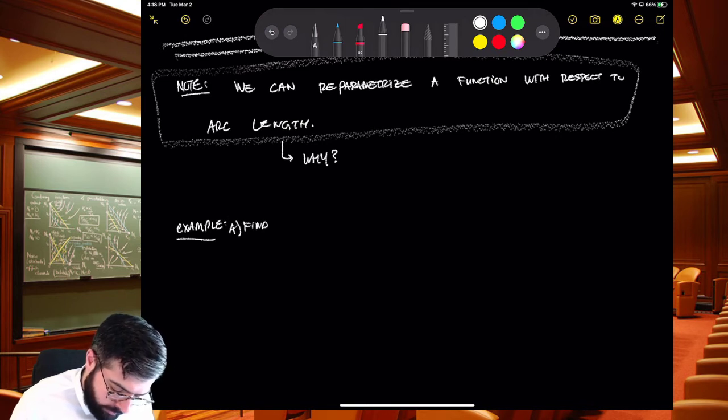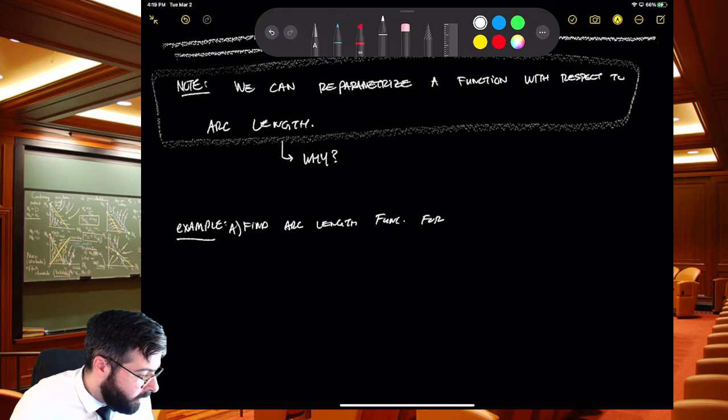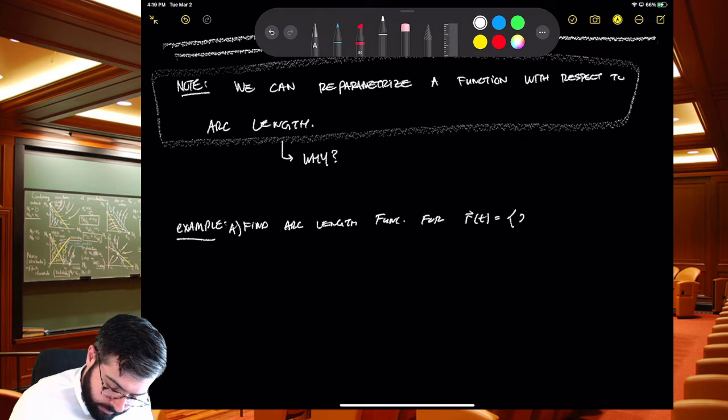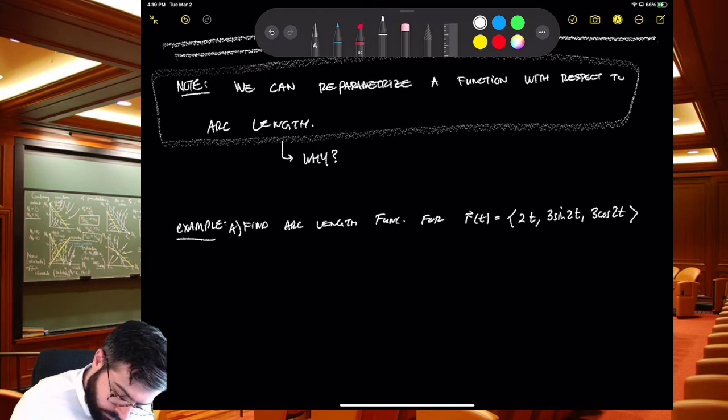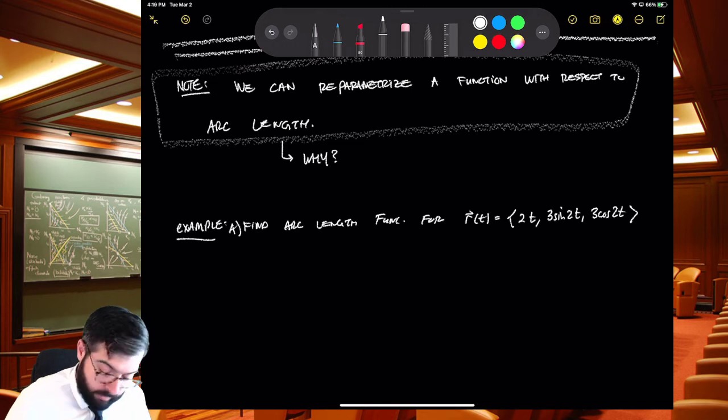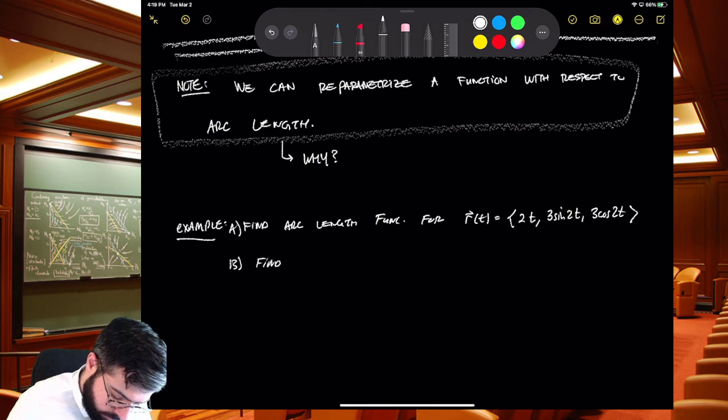So let's A, find the arc length function for r(t), and I'm going to have you guys do this. So it'll be A, and then for part B, we'll do this part together.